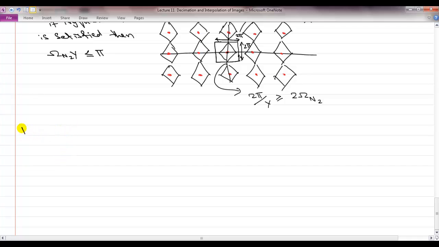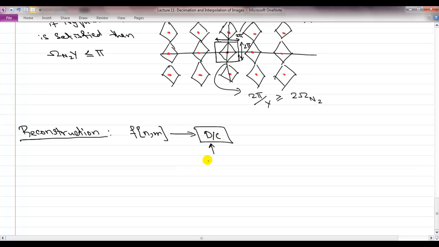So if you say that you are going to reconstruct a sequence, so if you have f of nm and you reconstruct a sequence to get some f hat of xy. Okay.